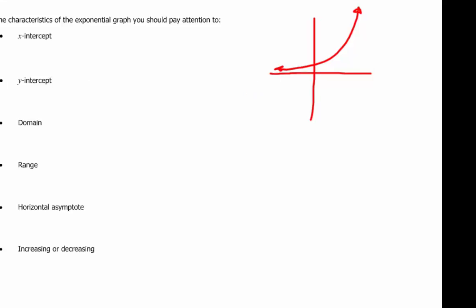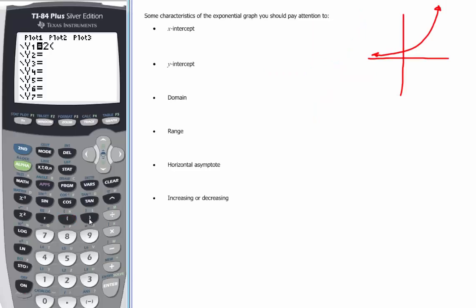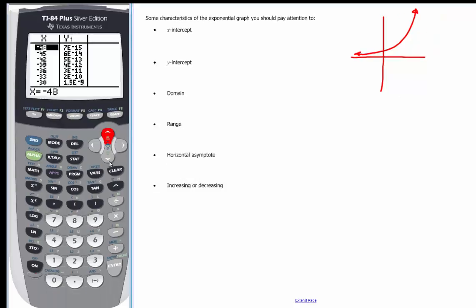If we take a look at a graph in our calculator here, 2 times 2 to the x, and then we do a standard window and we look at the graph. It looks very much like my sketch, but you can see that it never crosses the x-axis. It never gets below that x-axis. And if I look at my calculator and I continue to go left, they're just getting closer and closer to 0, but it never becomes 0. So we have no x-intercepts on general exponential graphs.